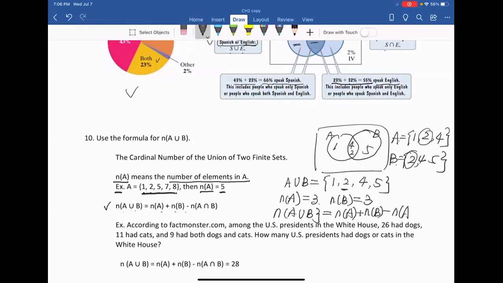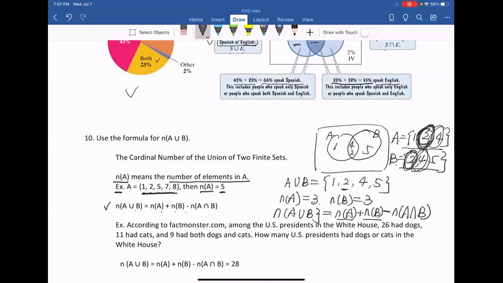Because 3 plus 3, we add them together, we add the in-common elements two times. I'm sorry, I think I made a mistake.